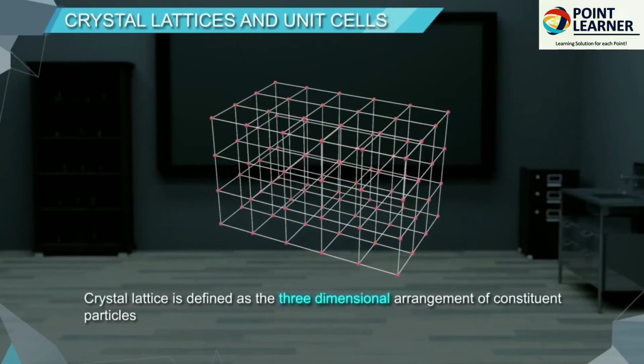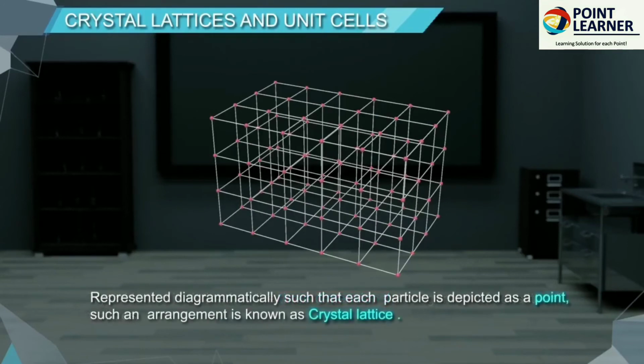Crystal lattice is defined as the three-dimensional arrangement of constituent particles represented diagrammatically such that each particle is depicted as a point. Such an arrangement is known as crystal lattice.